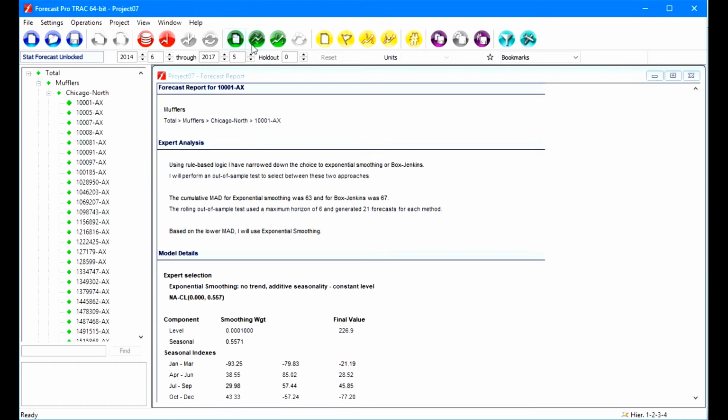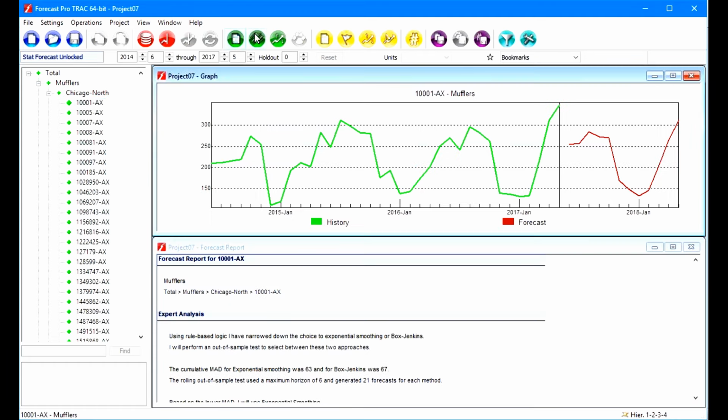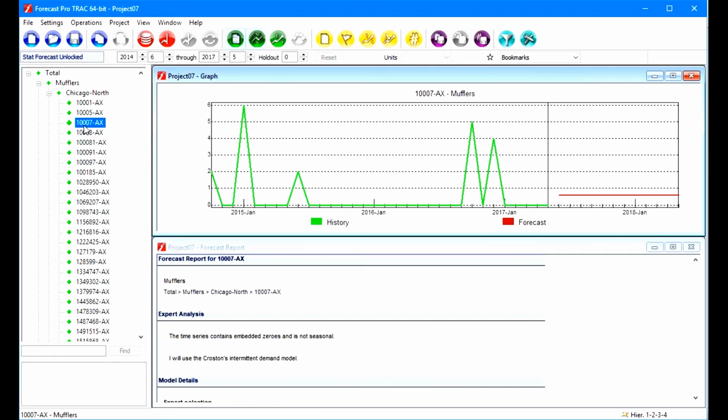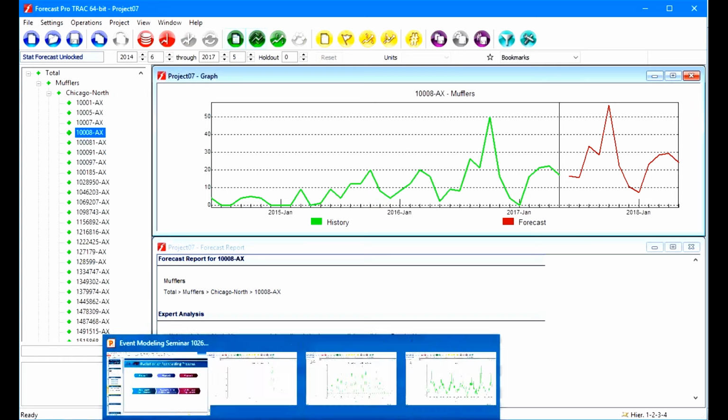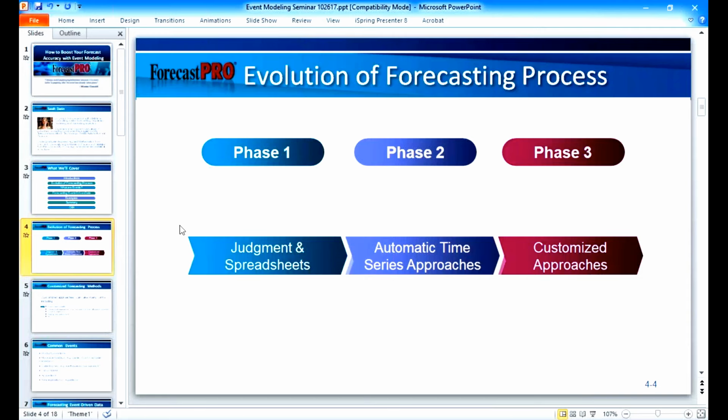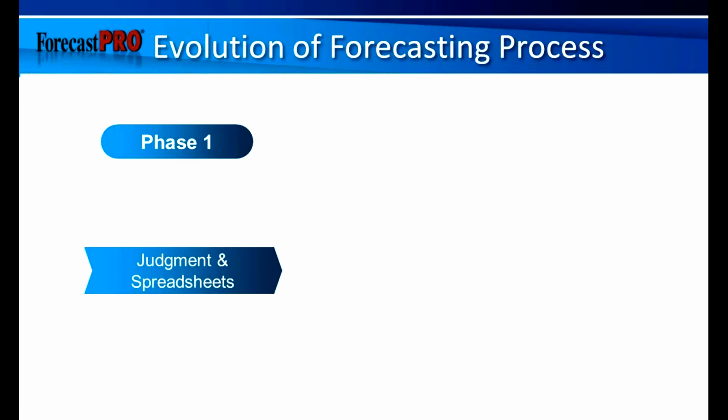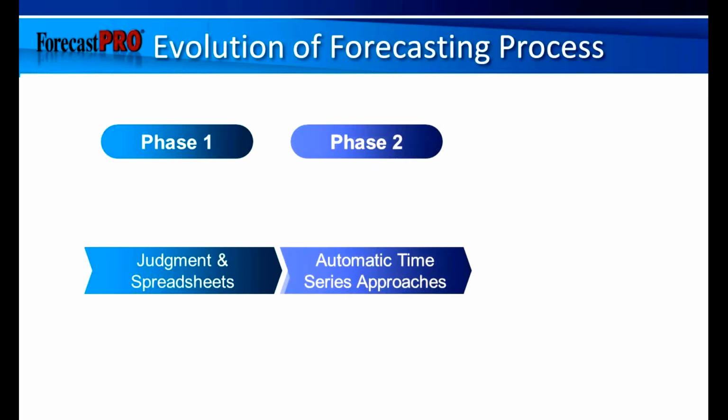So if we open up the graph here, you can see that there's a forecast now just automatically generated for every item. So that's nice and quick and easy, and much easier than doing that in Excel.